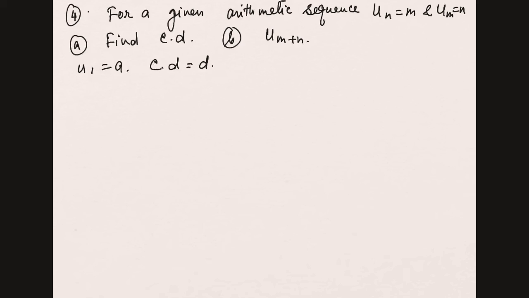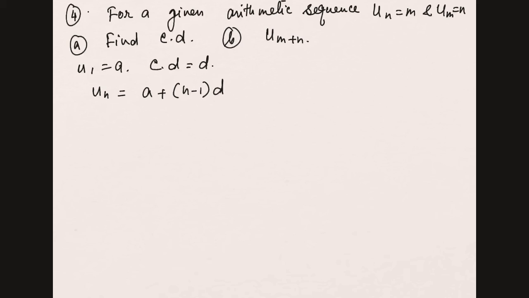I don't know these, so I can write the nth term with the formula Un equals a plus (n minus 1)d, and it is given that my Un is m. So I'm just replacing the same thing and writing it down that way.